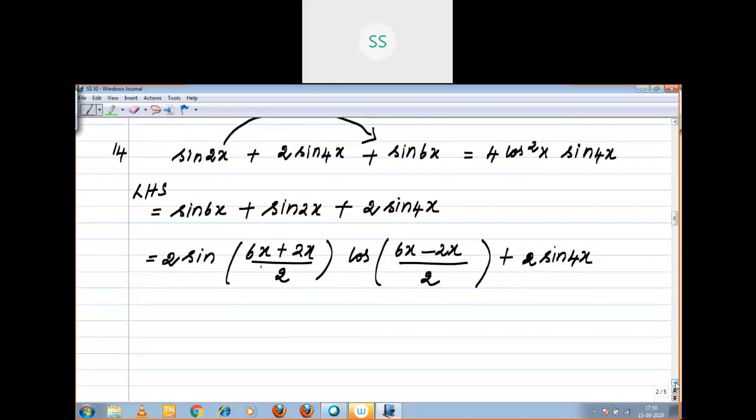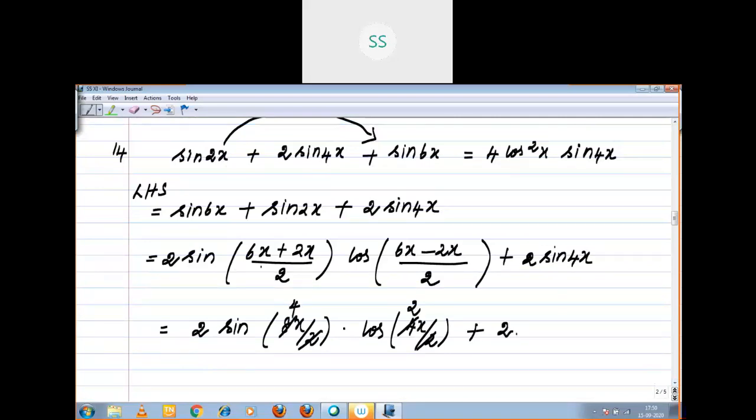Got it, children? You have to think which you can match, you can apply the identity. That is important, right? 2 into sin 8x by 2 into cos 4x by 2 plus 2 sin 4x, which is common in both the things. 2 sin 4x is common.